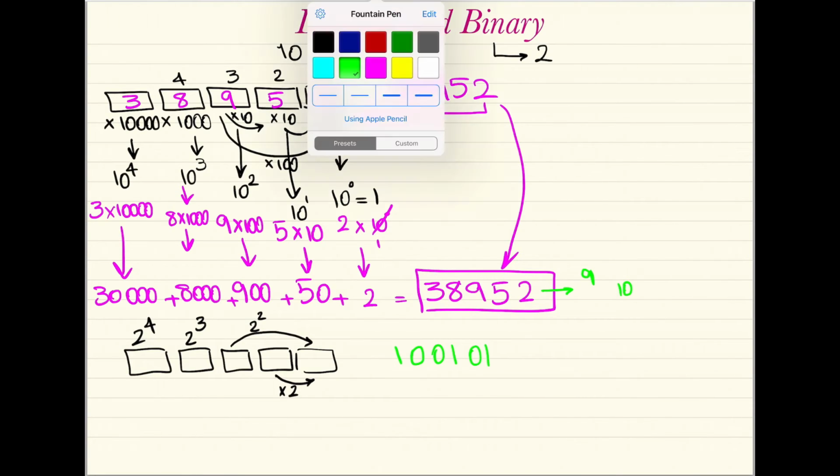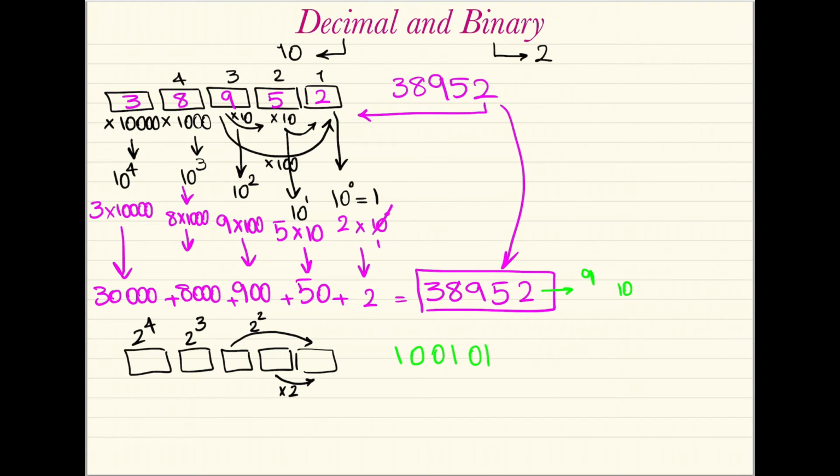Now, let's assume that we have this number. I'm just gonna delete this one. Let's assume that we have 1, 0, 1, 1, 0. Now I'm gonna put these numbers in these boxes: 0, 1, 1, 0, 1.